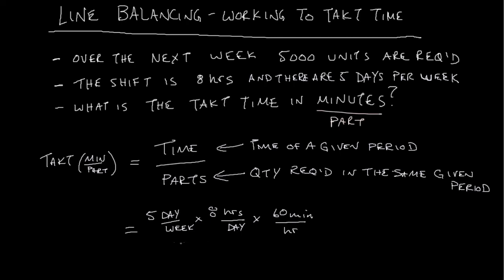And that is all going to be over my required quantity. In this case, I need 500 units. And just to keep the wording the same, we're going to say that there's 500 parts per week.